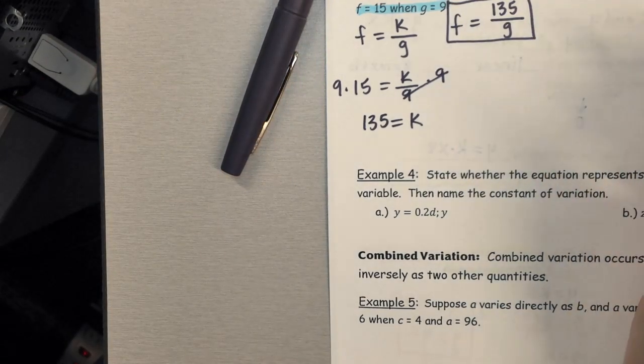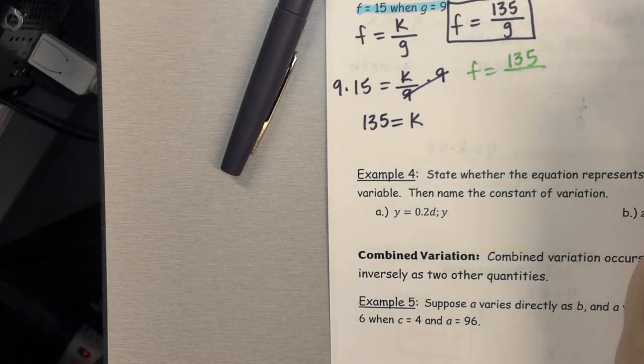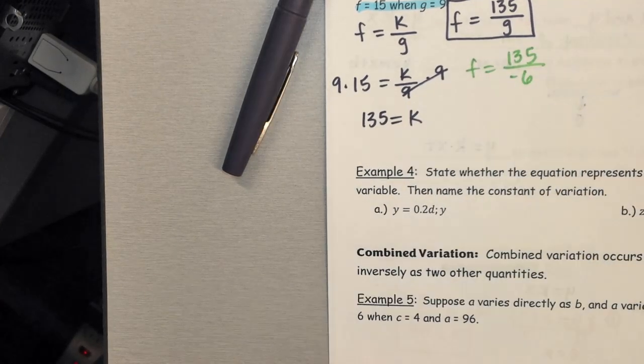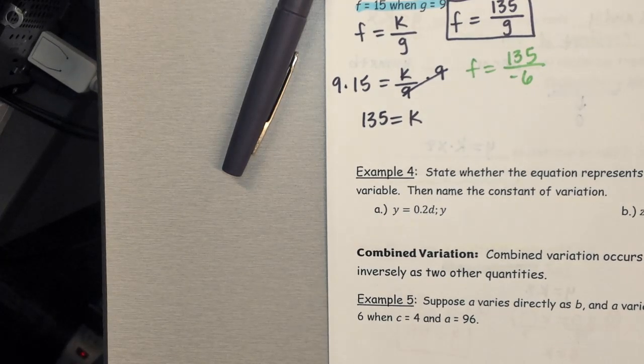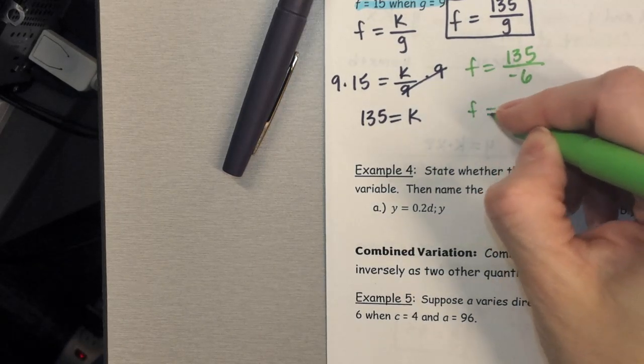All right, and then we are going to find f when g is -6. Again, you can use your calculator for that. And you will get a decimal.